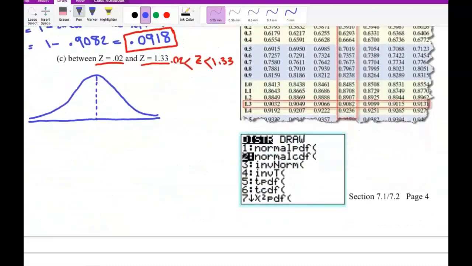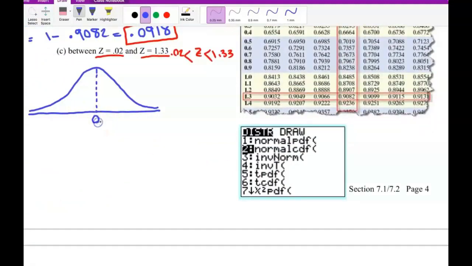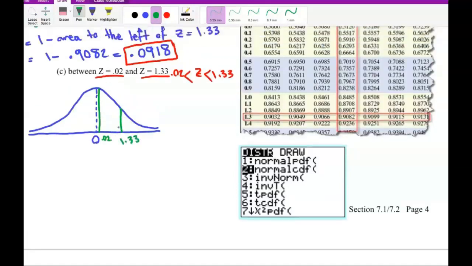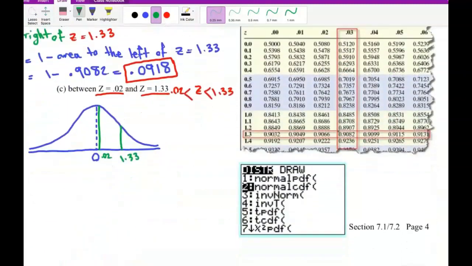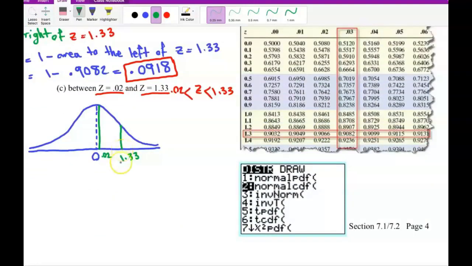So I'm using that here for part C. Here we have 0, and our z-score is 0.02, over here, up to 1.33. I'm not sure exactly where that is, but I'm working based on what we had on this board. So now we want to find the area in between, the area for this part.